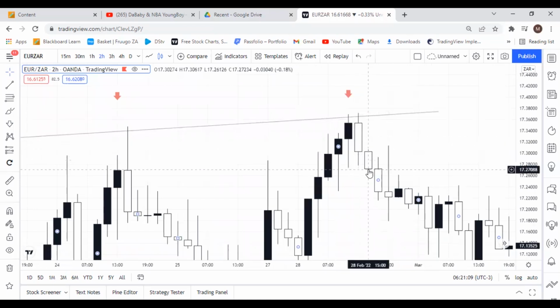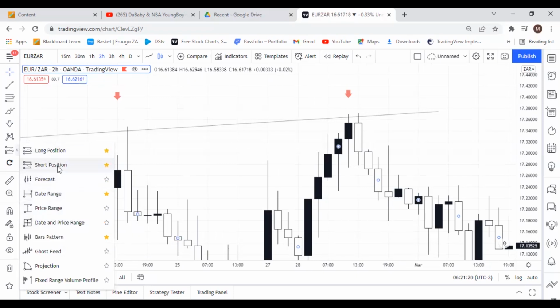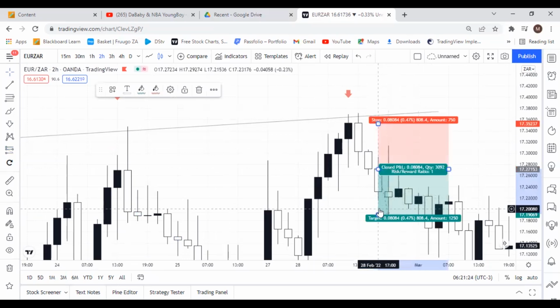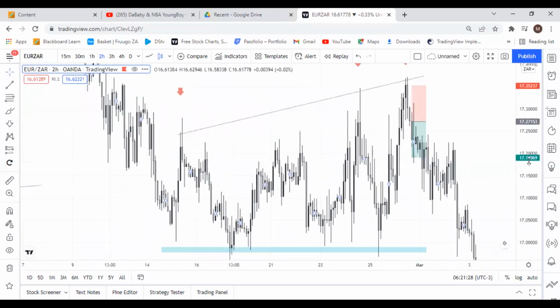So you would have entered right after this second bearish candlestick closed, so right here. Let me just get the pattern position. So you would have entered right there, and just look at what happened after.